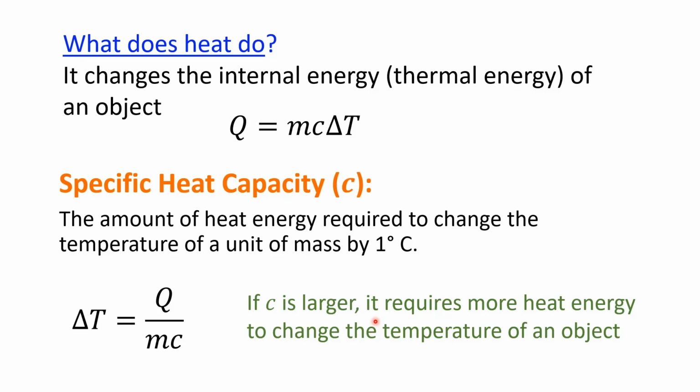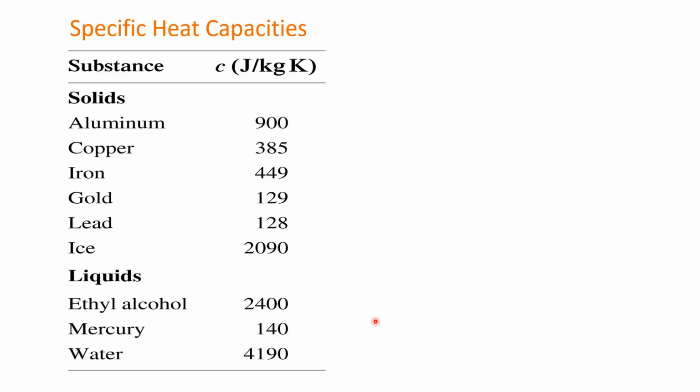If it's not making sense with those definitions, maybe let's go through some examples. Here's some specific heat capacities for some common materials. If you compare aluminum at 900 and, let's say, lead down here at 128, what does that actually mean?